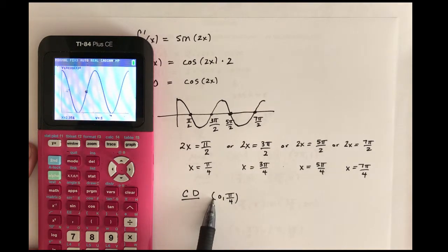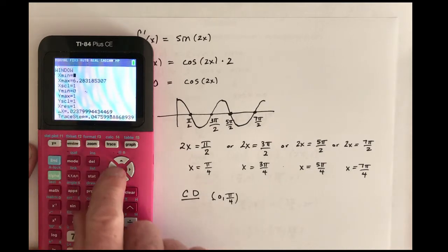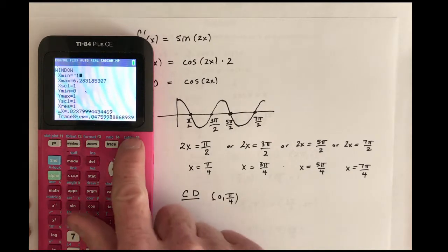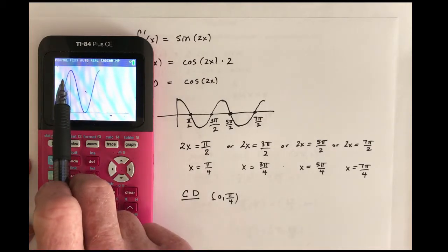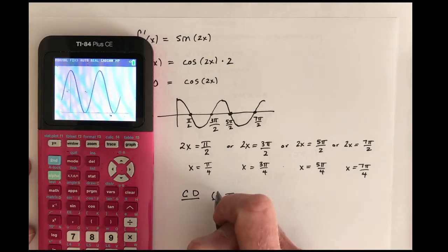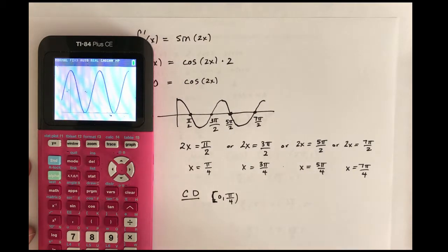And actually for the 0, I think I should put a square bracket, because if I widen the screen a little bit and see what's actually happening at 0 itself, this is concave down. So actually this should be a square bracket. There we go. 0 to pi over 4.